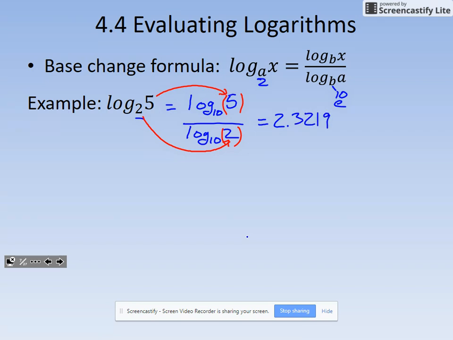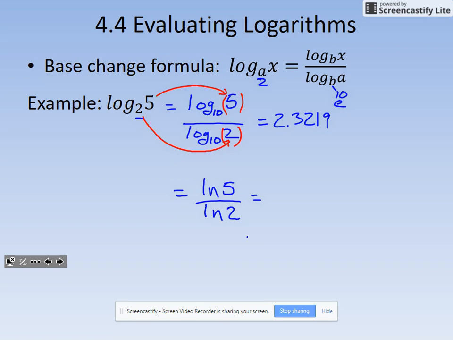Now again, we pick log base 10 a lot of times because that's convenient. But here, let's try it again. We can also use the natural log. So we can do the natural log of 5 divided by the natural log of 2. Go ahead and put that into your calculator, see what you get.